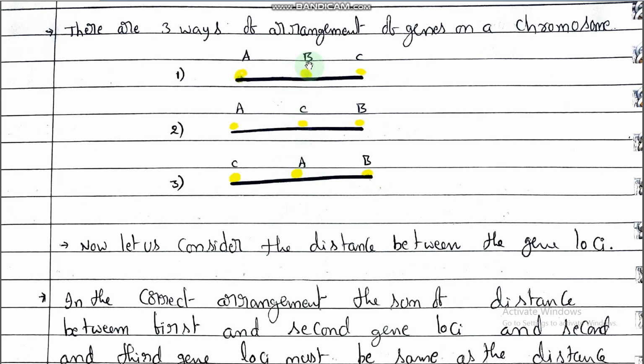So there are three types of arrangement in which the genes are located. You understood or not? Just go through this concept, as we will do some problems based on it in today's class.